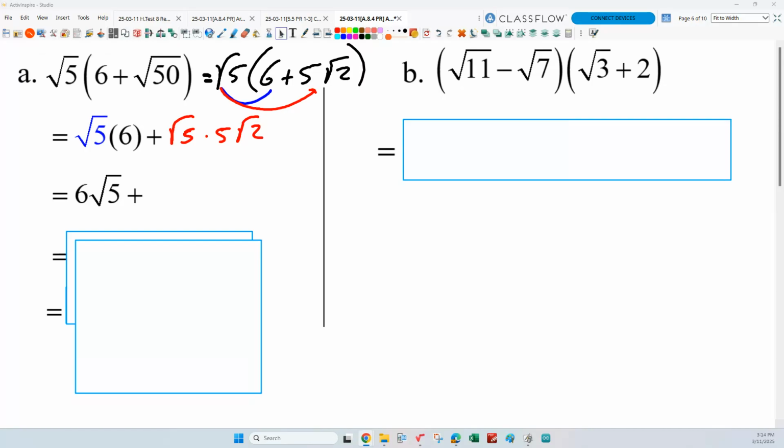What's my outside number going to be? 5, right? Because I've only got one outside number. So I'm going to get a 5 outside. What's my inside number going to be? 10. Because I'm multiplying, my inside numbers are 5 and 2, and I get 10.